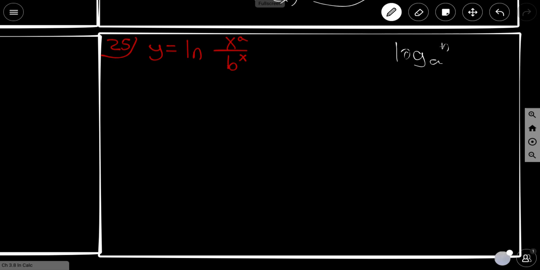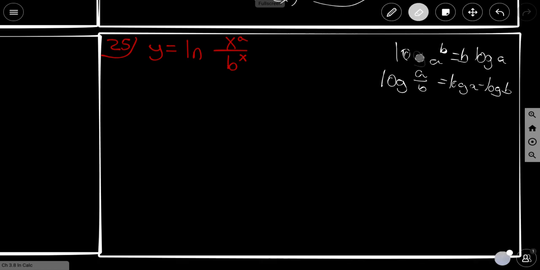Log A to the N equals N log A. I just said I was going to use B and I used N. Log A over B is equal to log A minus log B. Is it log or ln?